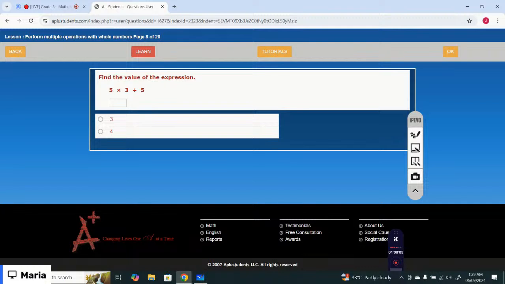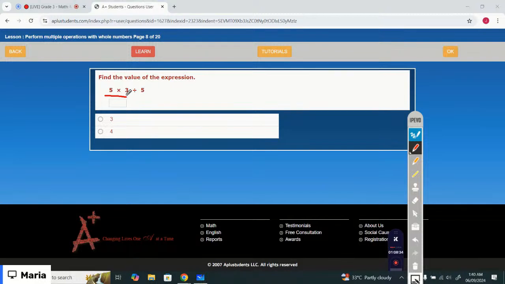Find the value of the expression, that is 5 times 3 divided by 5. So which is the correct option? Now you have multiplication and division, right? So going from left to right, you have to do multiplication first and then divide, because on the left you have multiplication first. So do 5 times 3, that is 15, and 15 divided by 5, the correct option is 3. Got it?